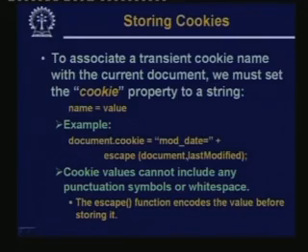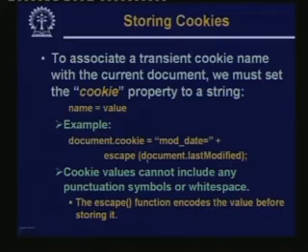Here actually I am trying to store a cookie which will store the modification date of the document in a cookie whose name is mod_date. Now, the actual last modified value of the document can be retrieved from the last modified attribute of the document, and the purpose of this escape function is to remove all spaces and special characters from this last modified string, because one thing is to be remembered, that a cookie value cannot include any punctuation symbols or white spaces.